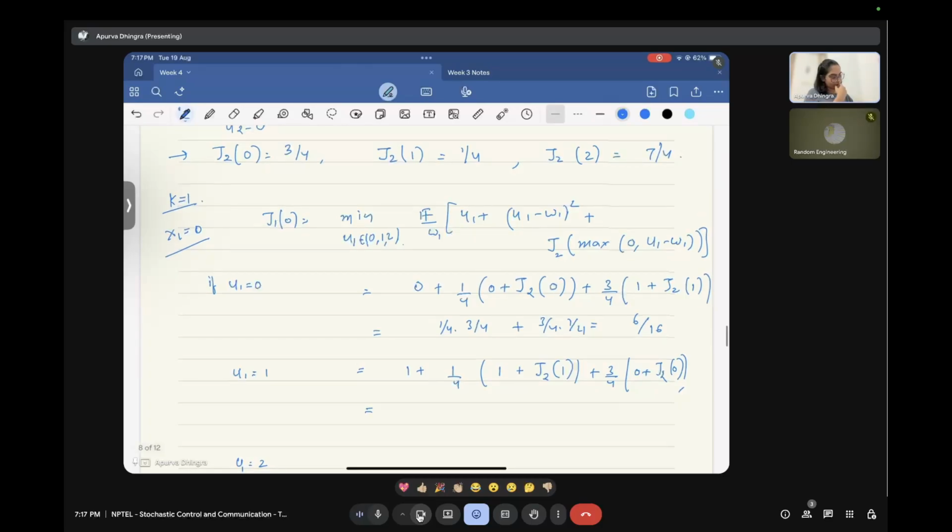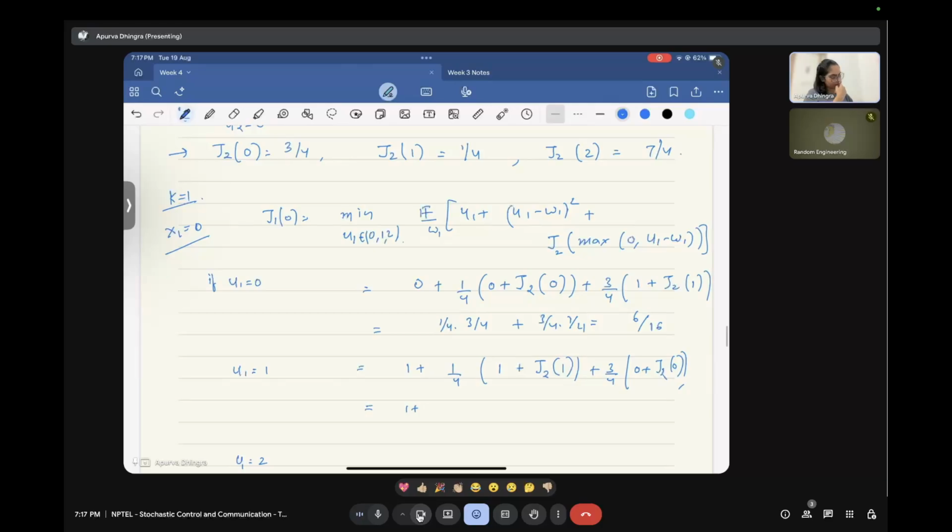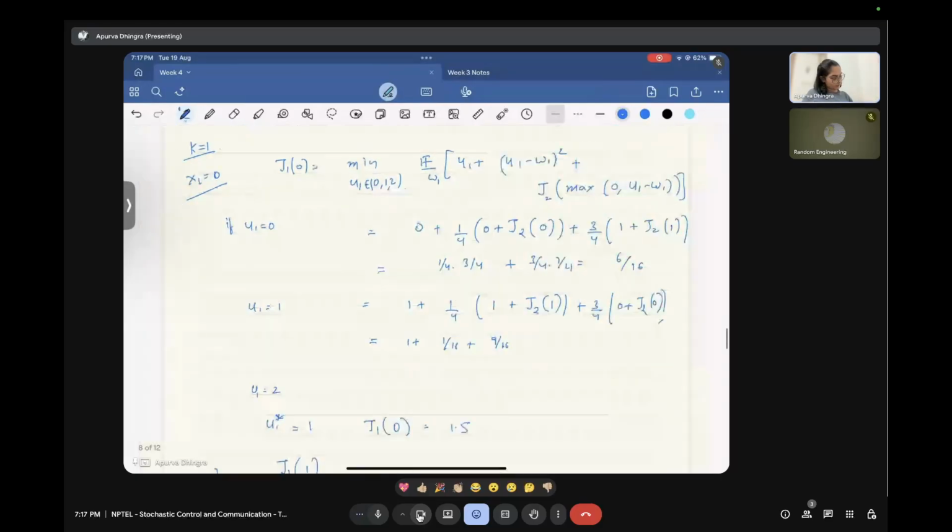So this is 1 plus 1 by 16, and this one is 9 by 16. Nevertheless, u1 equal to 0 is the better one amongst the two. Similarly, we need to repeat. Oh, okay, my calculations were different before, never mind.